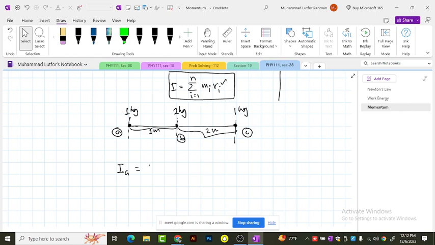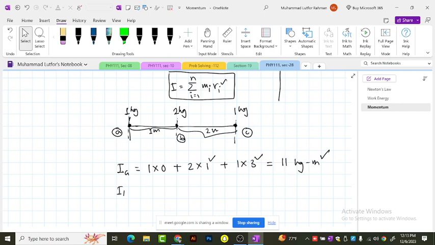Then 1 kg is at the origin, so its distance is 0, plus 2 kg at 1 meter away from my rotational axis, plus 1 kg is 3 meter away, right? Considering the moment of inertia from axis A, it gives me 9 plus 2, which is 11 kg meter square.